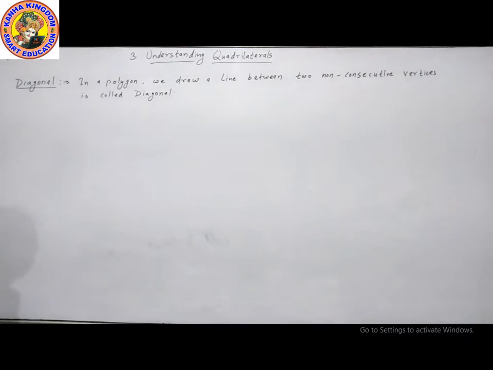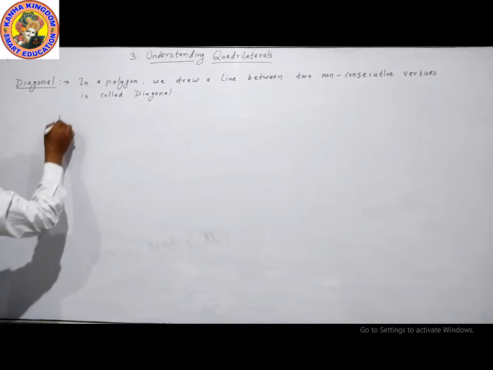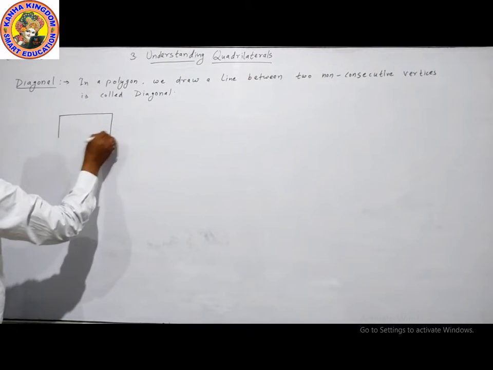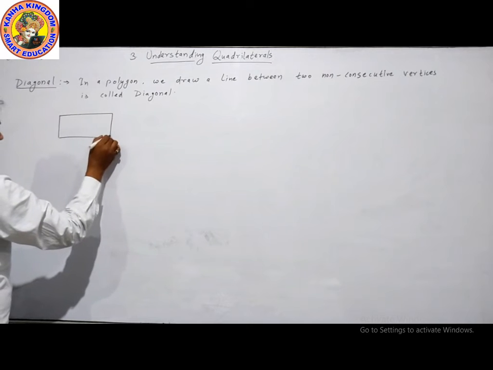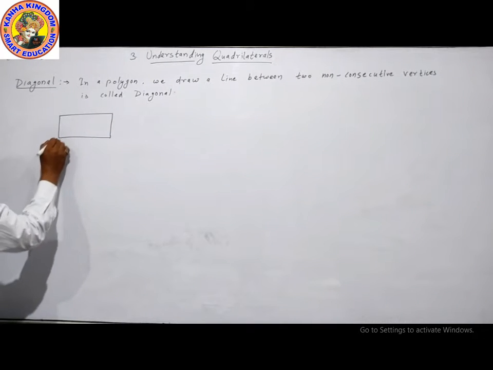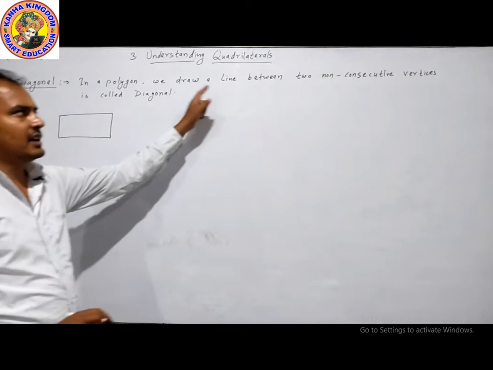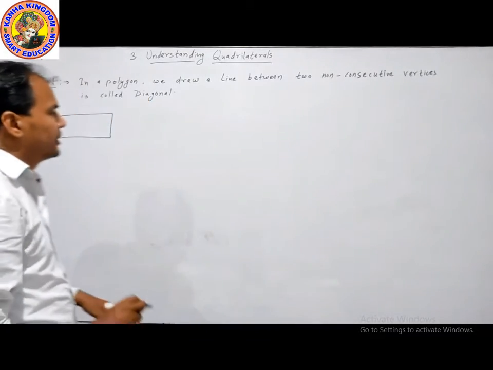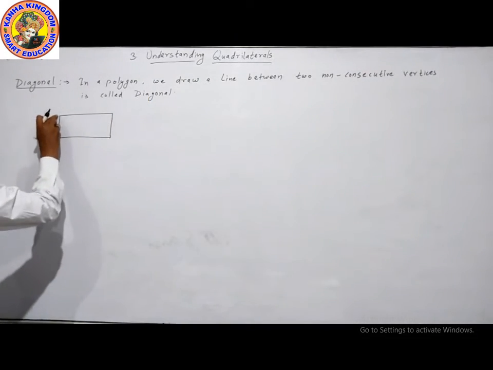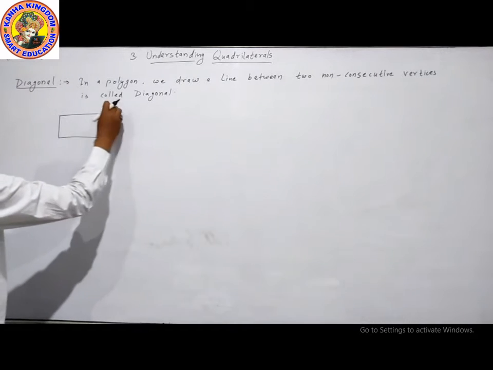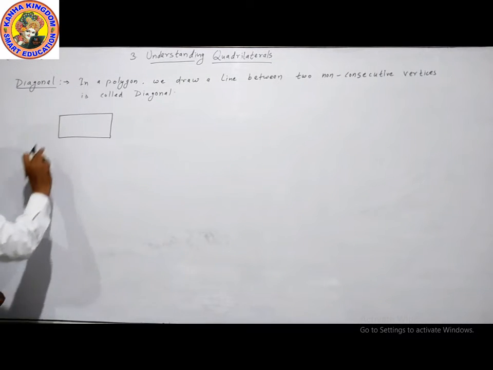What is the definition of diagonal? We take a polygon. For example, this is rectangle which is closed, made by lines. So this is our polygon having four sides. In a polygon, we draw a line between two non-consecutive vertices. This is our consecutive.